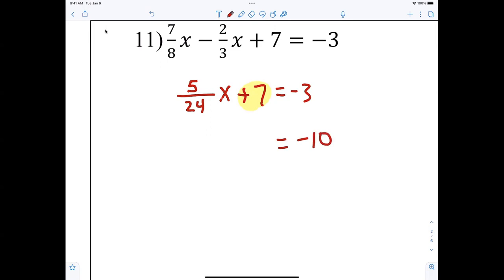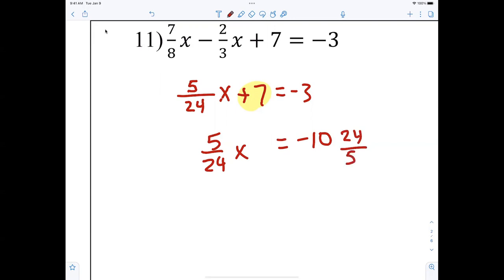Yes. Now, how do I get rid of a fraction? Multiply by the reciprocal. Brilliant. What's the reciprocal?